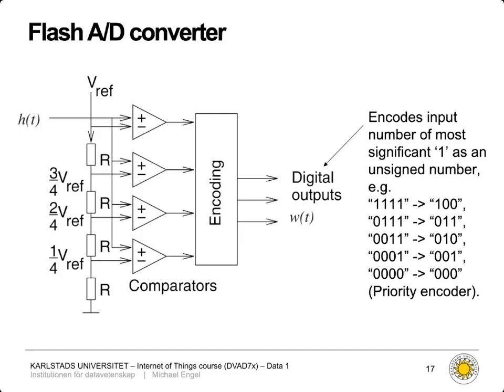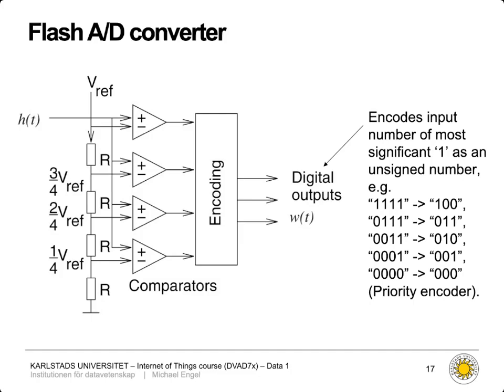It's a flash AD converter because it's fast, because it can convert one sample every clock cycle, if it's clocked. What we do here is we have a voltage signal, h of t, coming in on the left-hand side. This is our time discretized signal, which still has a continuous value domain. And we have a reference voltage.